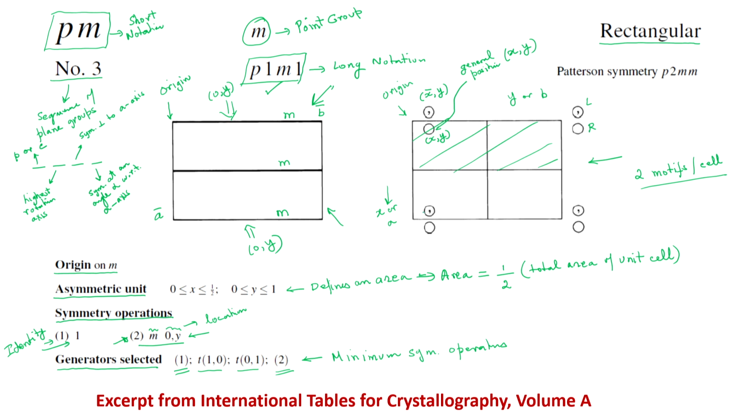Now, you may say that the coordinate of this is not x bar comma y. But we are considering only these 2 atoms as part of this unit cell, and the other pairs like this are part of the adjacent unit cells. Or we can equally well add a translation of 1 unit.